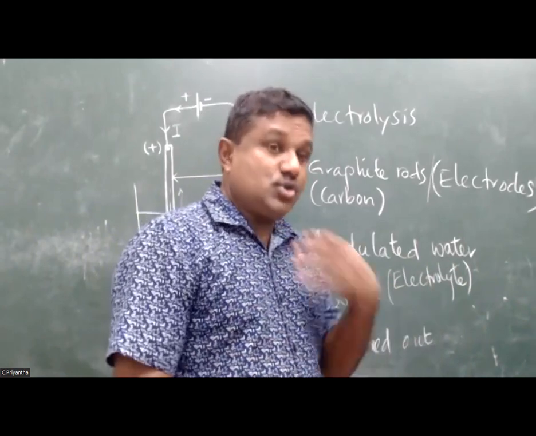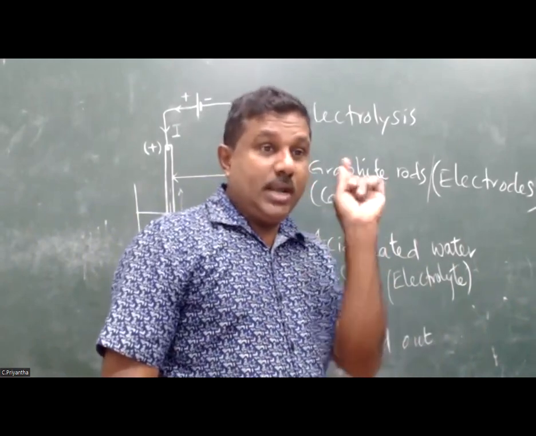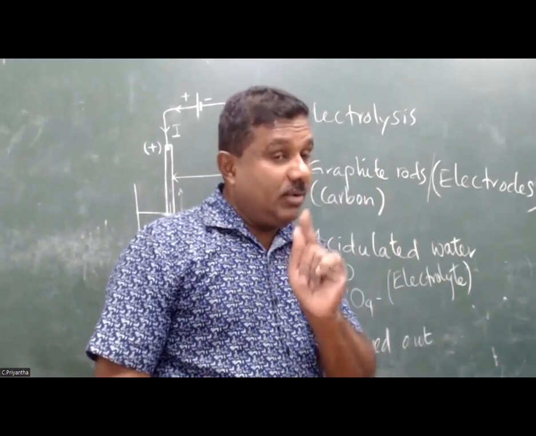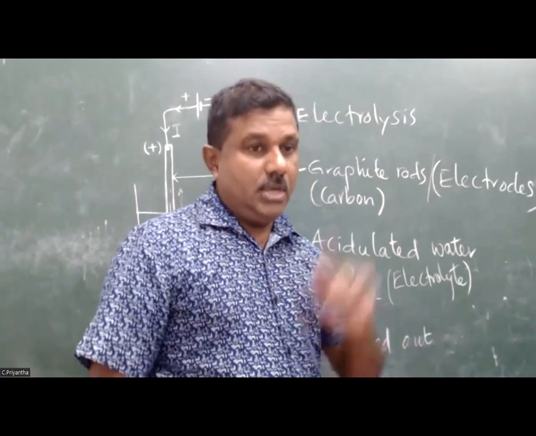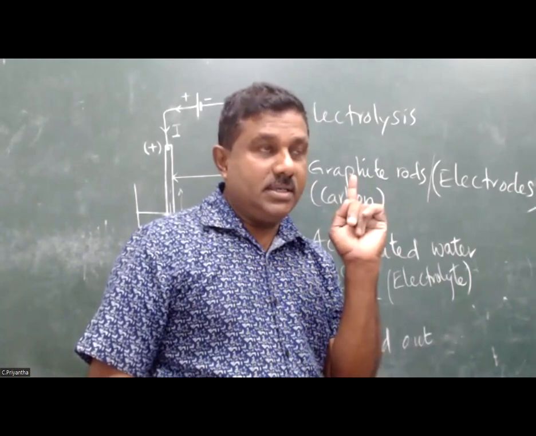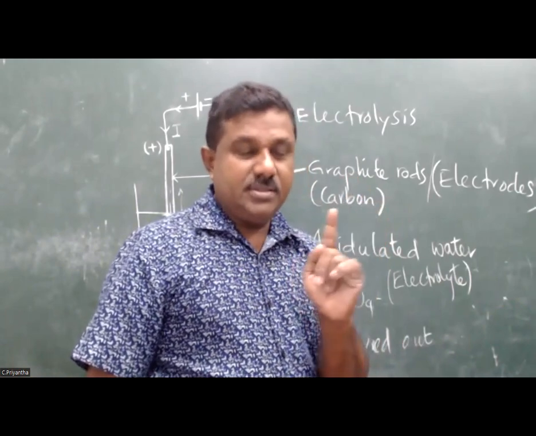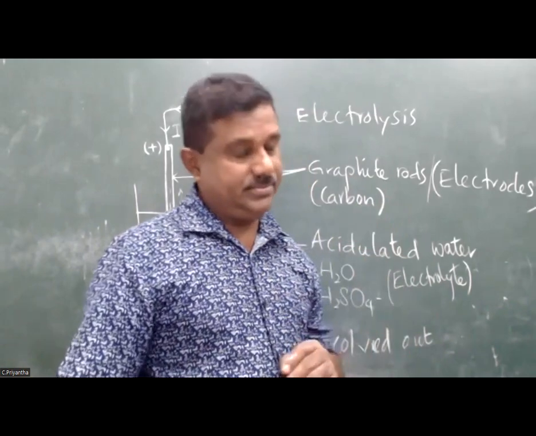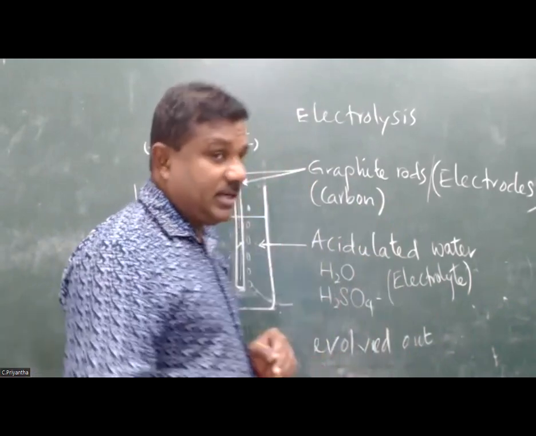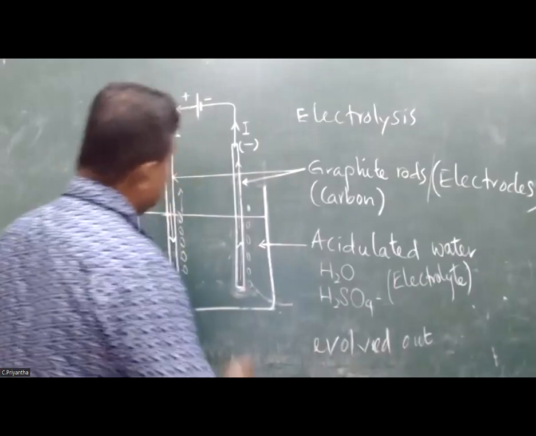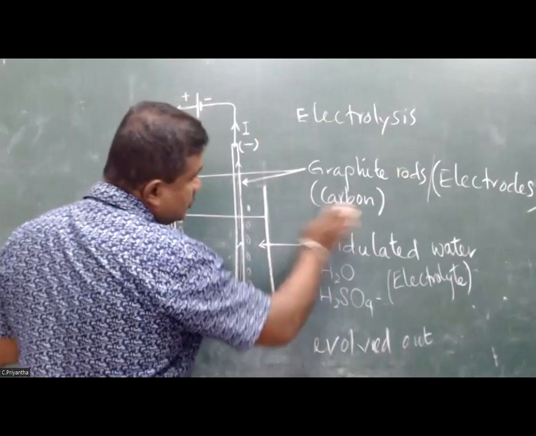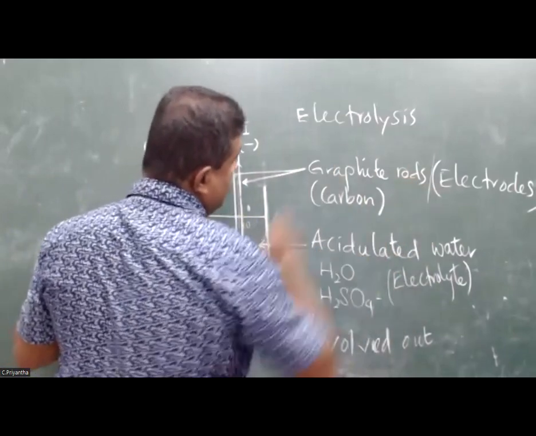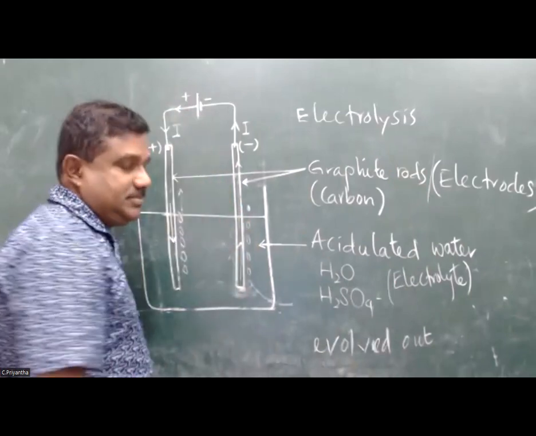If your mother has a copper chain, you can plate it with gold. If your mother has an iron chain, you can plate it with gold. That is electroplating. It has an electrolyte, electrodes and electricity.